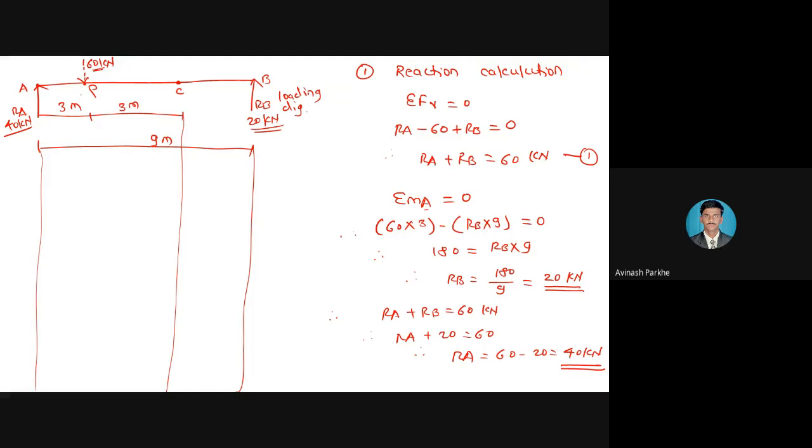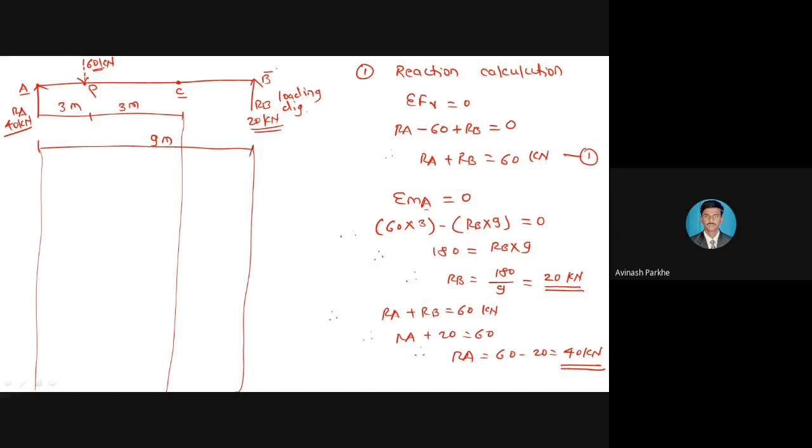In this particular loading diagram, only 3 important points are there, that is point A, point C and point B. That means we have to go for the SF and BM calculation for point A, for point C and for point B only.